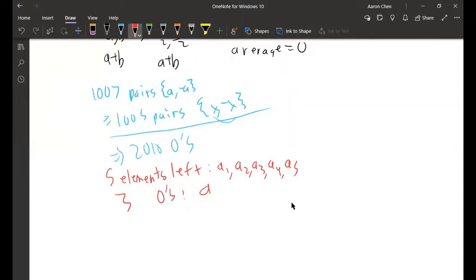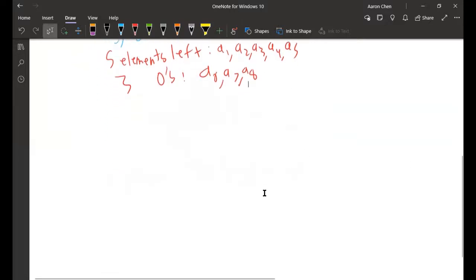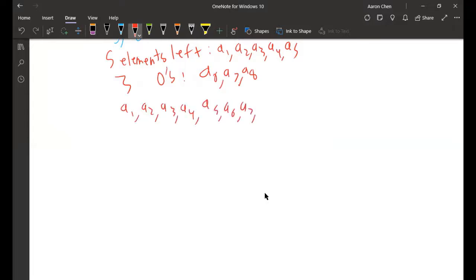And so we can just let these be A6, A7, and A8. So initially the 8 numbers are A1, A2, A3, A4, A5, A6, A7, and A8.